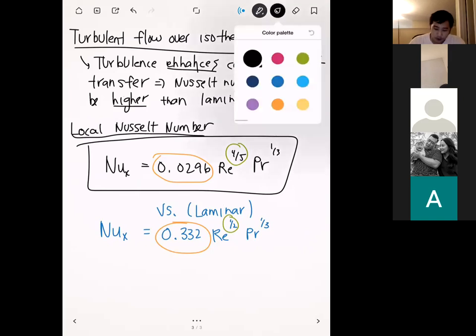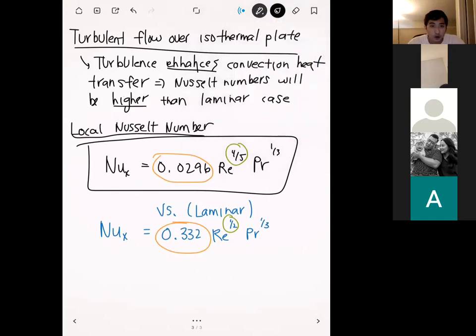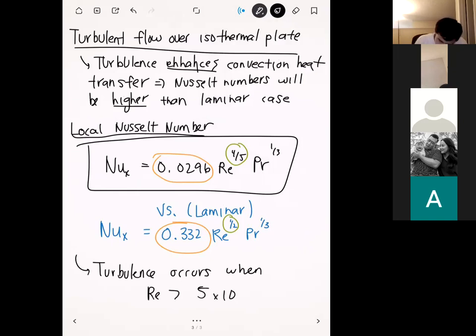Remember, turbulence occurs when the Reynolds number is greater than 5 times 10 to the 5th. So in order to reach turbulence, our Reynolds number has to be really, really high.